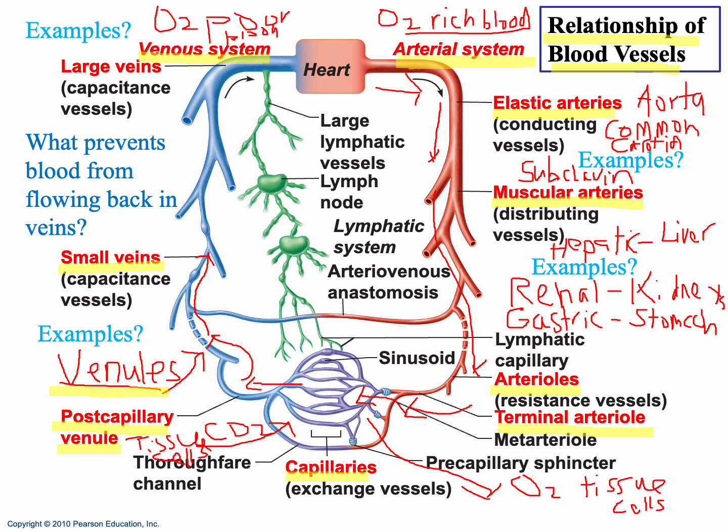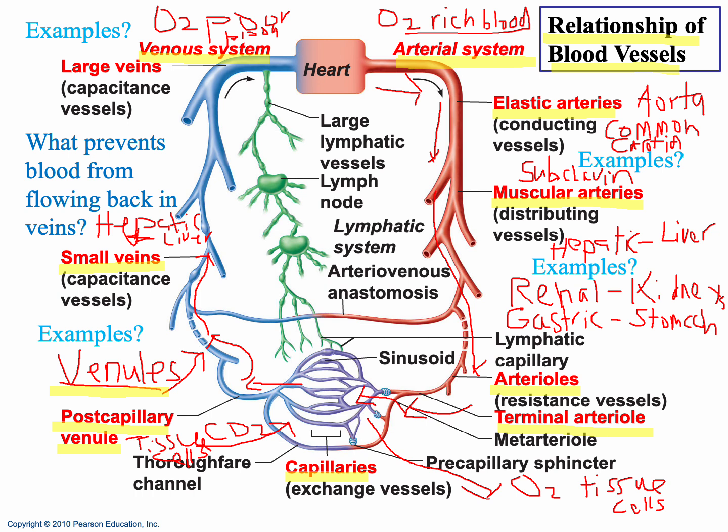Examples of small veins would be blood vessels that are very close to various organs of the digestive system, renal system, urinary system, etc. So, just like we had the hepatic artery, we also have hepatic veins. And hepatic, of course, is referring to the liver here.